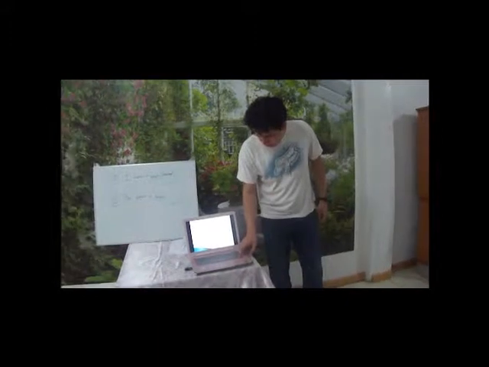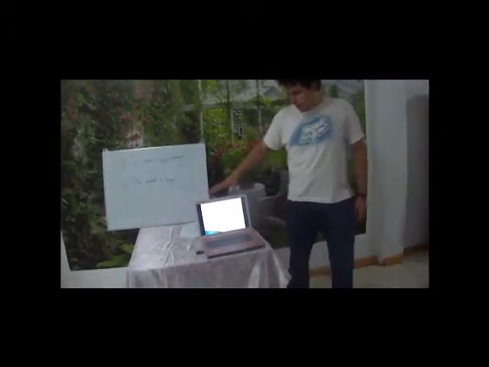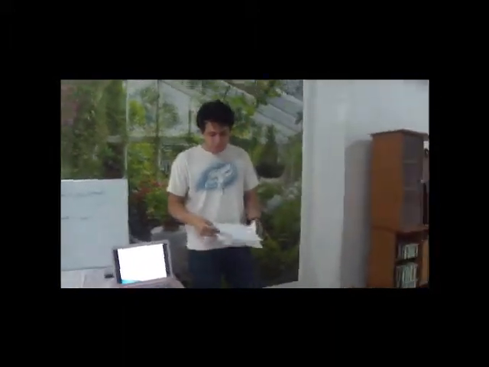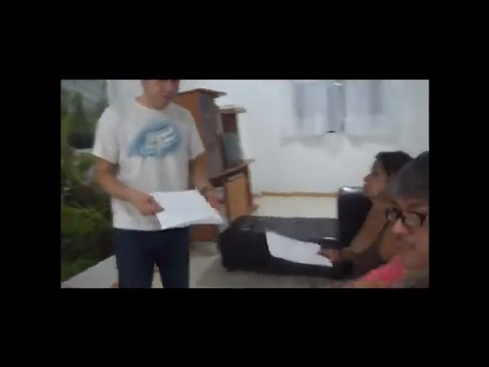So, the summary. The adjectives, like short, like light, are words that describe nouns. The adjective always goes before the noun, but the exception is when the adjective goes after the verb be. So now we're going to do a very brief exercise. I'm going to give you randomly some papers with pictures of some nouns we already discussed.